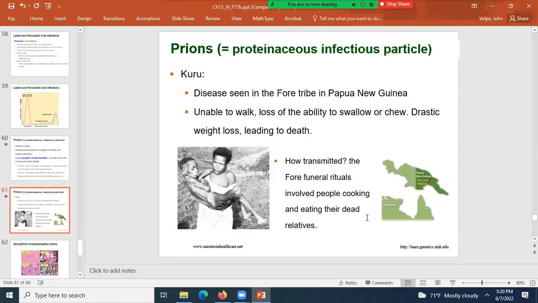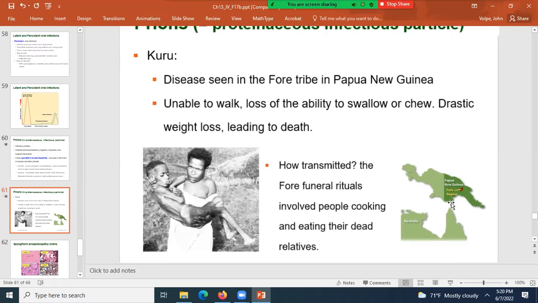Kuru was the disease seen in the Fore tribe in Papua New Guinea. This is Papua New Guinea, and the red marks the region of the Fore tribe. Kuru was seen when the patient was unable to walk, with loss of the ability to swallow or chew, drastic weight loss, and then the wasting away that led to death.